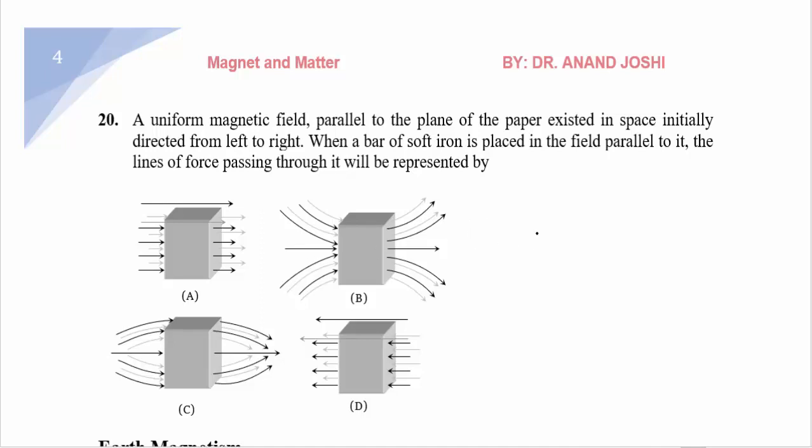See here, whenever you place a soft iron piece in a magnetic field, because of its high permeability, the soft iron always tries to take more magnetic field lines inside.